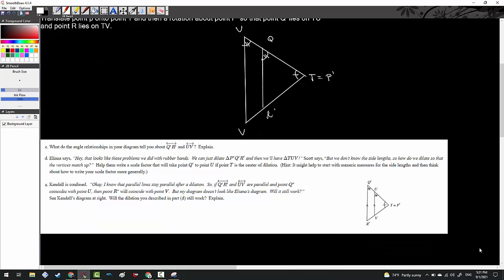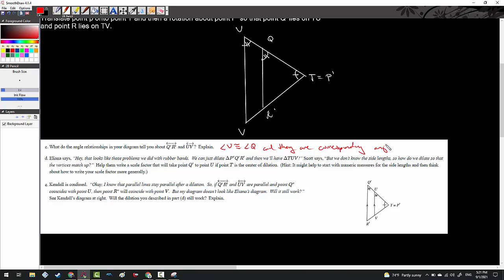Part C says, what do the angle relationships in the diagram tell you about the line QR, which is the middle side, and the line UV, which is the bottom side? Explain. Well, we know that angle U is congruent to angle Q, and they are also corresponding angles.